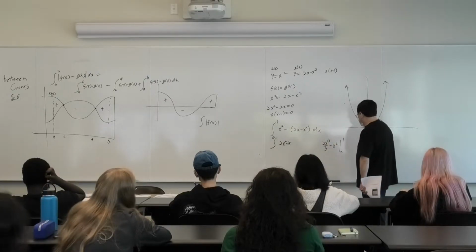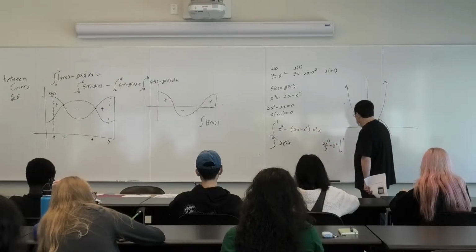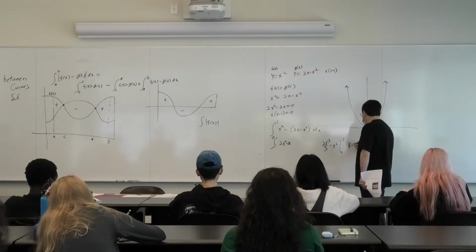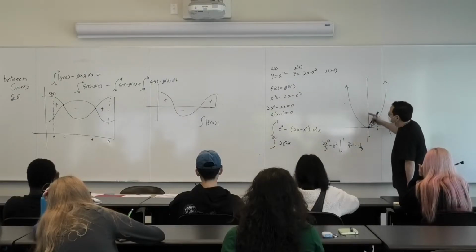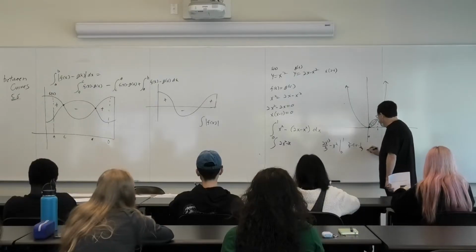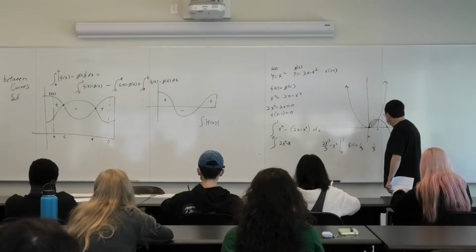So it's 2/3 minus 1, negative 1/3. But of course, that just means I subtracted the wrong one. We just want the absolute value, which is 1/3.